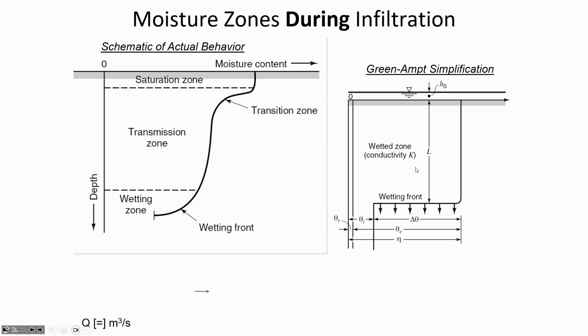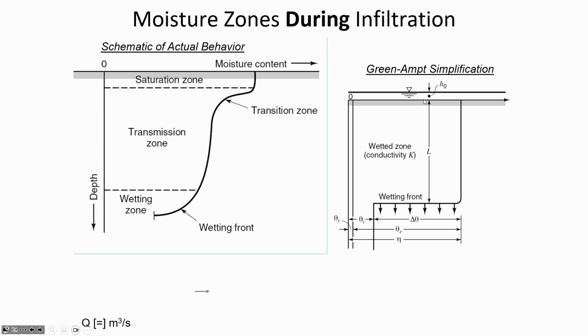And so L is how deeply the water has penetrated at a certain time. Theta sub i is the initial water content. There's the total porosity, and the delta theta is how much additional water is added when you go from the initial water content to fully saturated.